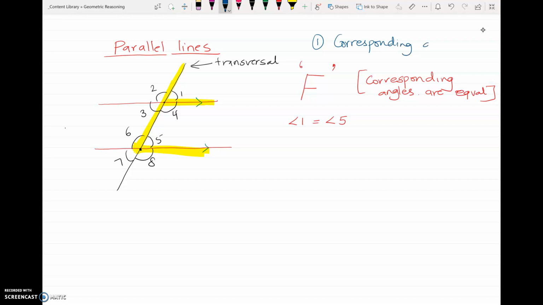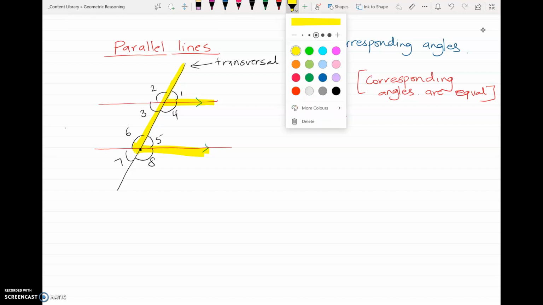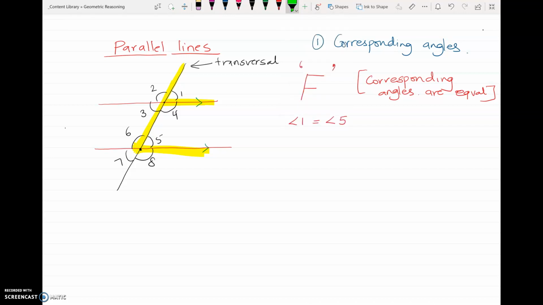Now, how many pairs of corresponding angles can you see in parallel lines? Because there are 8 angles, you can see 4 pairs. So let's identify all those pairs. Now we are going to make another F in this, and we can clearly see that this is another F that we can form. So angle 4 is equal to angle 8.